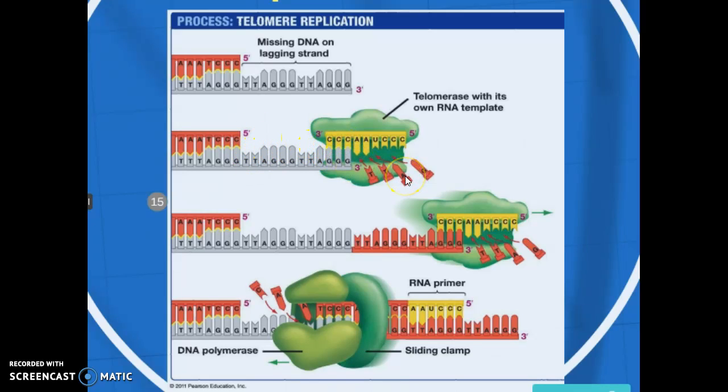So in order to continue this replication, telomerase has a sequence that can be added to the lagging strand in order to allow DNA polymerase to come through and read the rest of the missing strands.